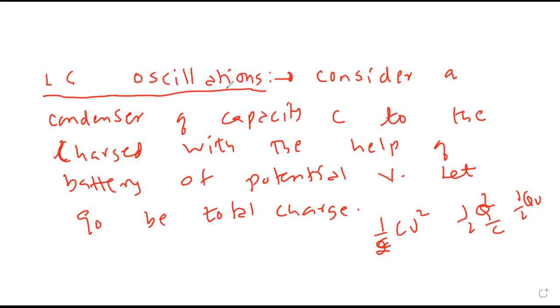If Q naught is the total charge, what will be the energy stored between the plates when it is fully charged?